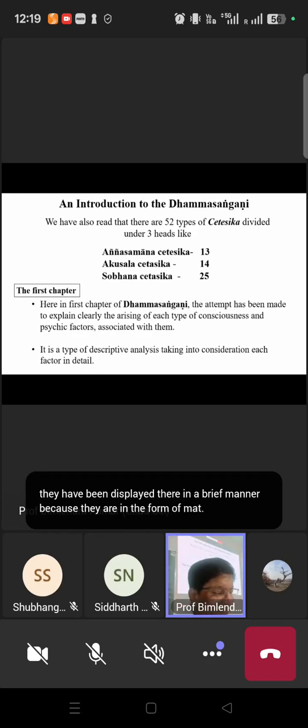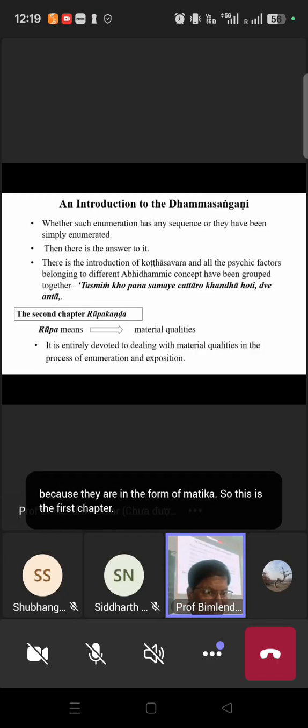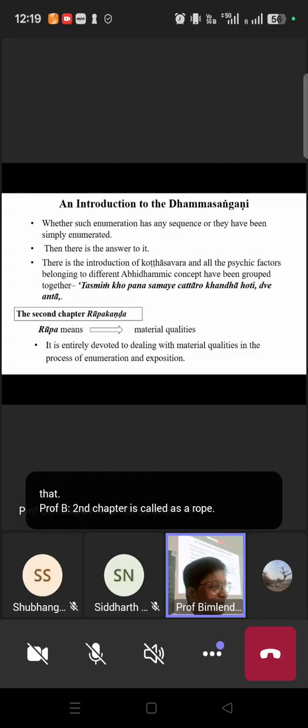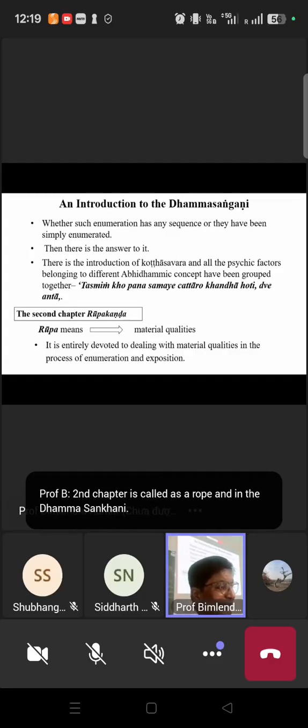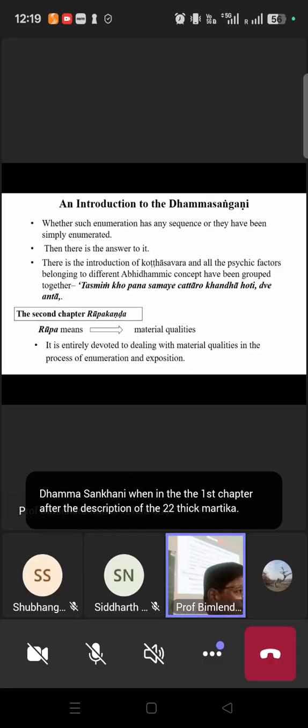So this is the first chapter, and the second chapter is called Rupa. In the Dhammasaṅgaṇi, in the first chapter, after the description of the 22 Tikamatika, there is a Suttantika section and Sunyatavar.